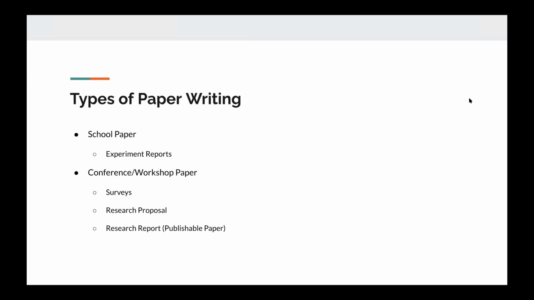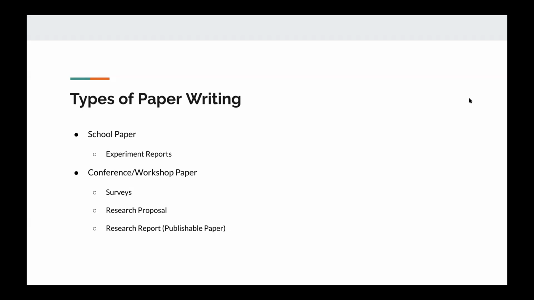So what are the types of paper writing? We write school papers and conference papers for workshops or conferences. School papers are basically maybe a 2-page report you write for an experiment you perform for a small part of your coursework.